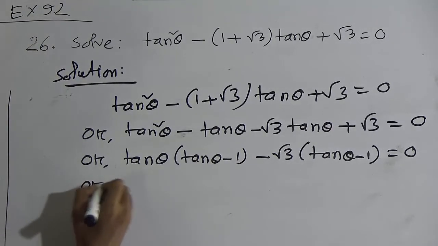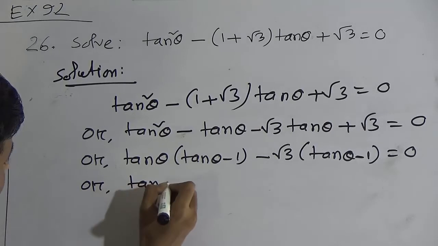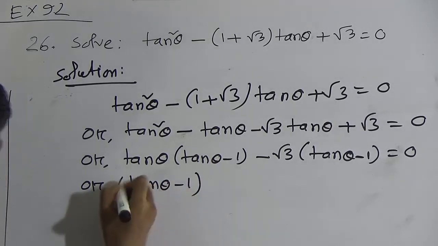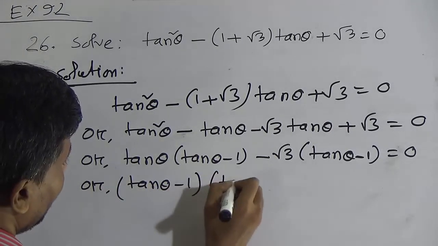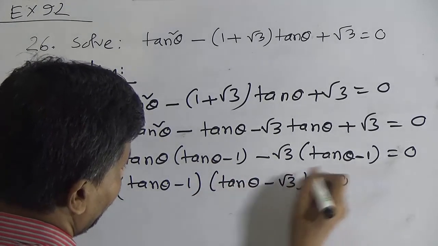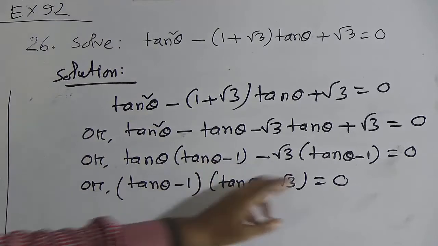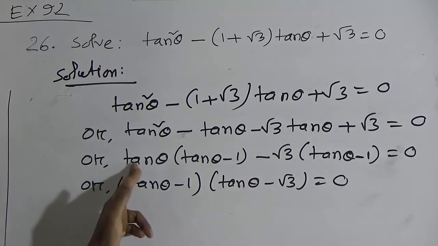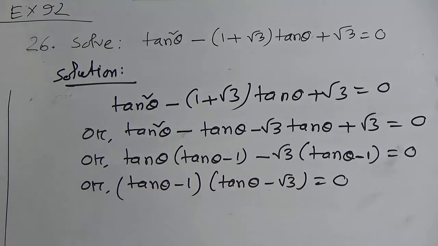Therefore we can write tan theta minus 1 times tan theta minus root 3 is equal to 0.